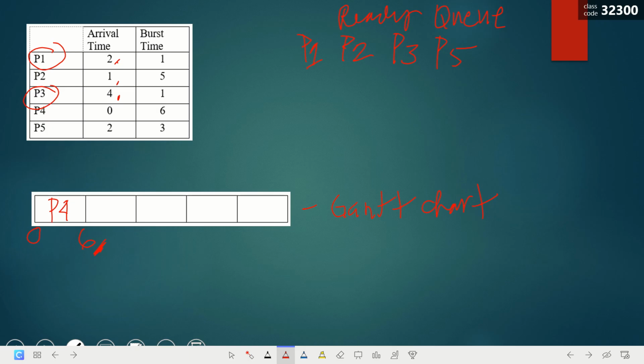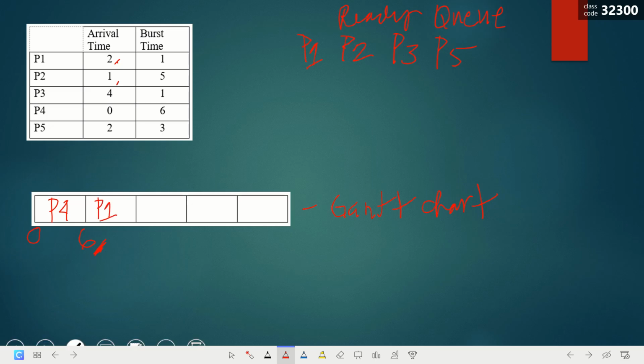According to first come first serve, the CPU would be allocated to P1, because 2 is less than 4. Since the arrival of P1 is earlier than that of P3, we write in our Gantt chart that the next process on the CPU is P1.